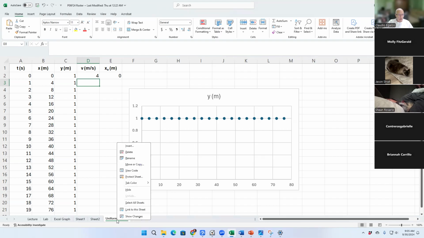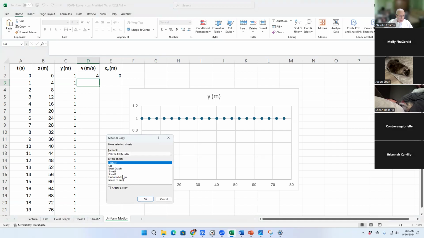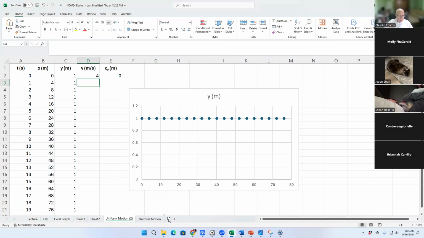We can do that for uniformly accelerated motion, and I am going to copy that uniformly accelerated motion. Okay, there's a limit to how many characters I can have here.